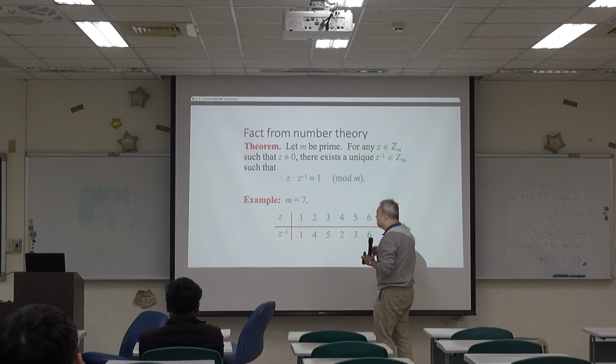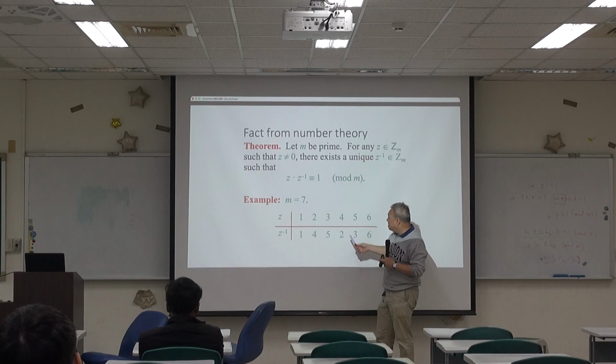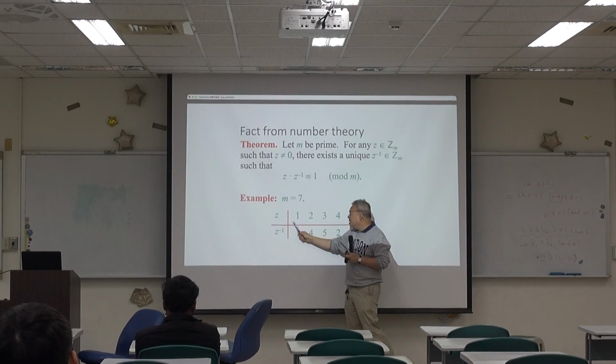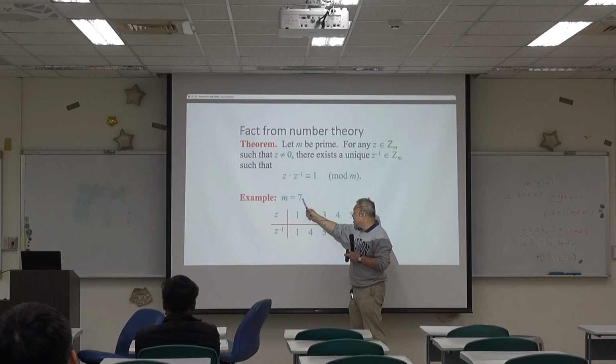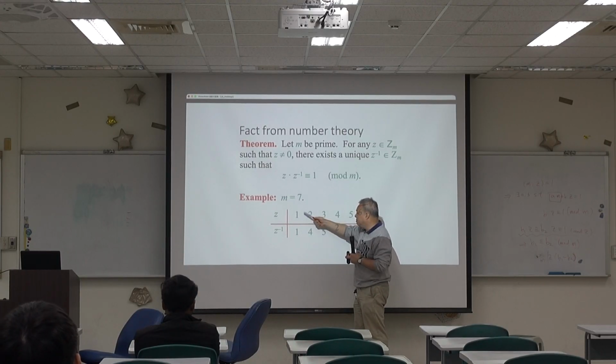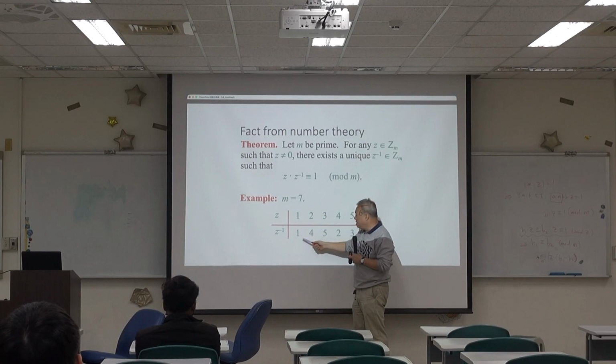Here is an example. Say n is 7. If z is 1, the inverse is 1. If z is 2, the inverse is 4. You can multiply them, and mod 7 it must be 1.